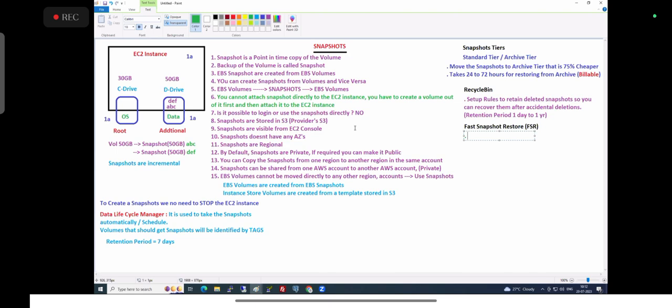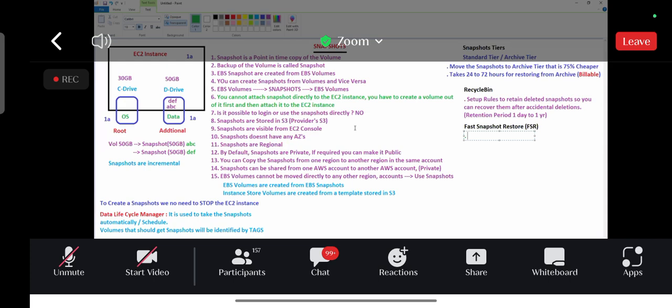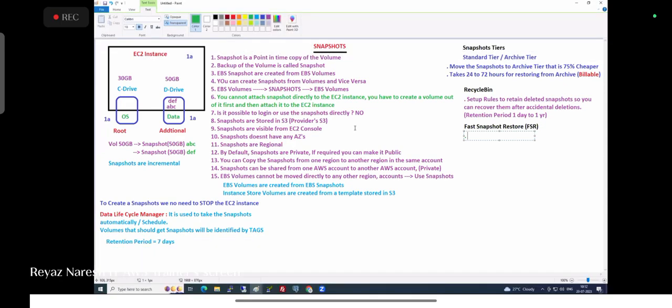In the recycle bin, you need to create a rule. Based on that rule, whichever tag you want, whichever snapshots you want to take into the recycle bin. In the recycle bin, you need to configure the rule. Understood, Srikanth? Very good.